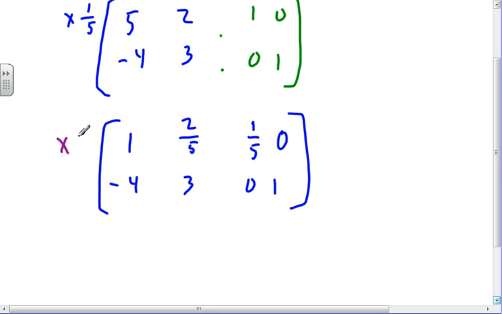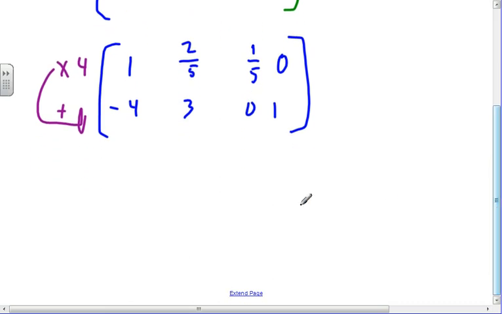Then I'm going to multiply the top row by 4 and add it to the bottom row. So I'm going to have a 1, 2 over 5, 1 over 5, 0. 4 times 1 is 4. I add it to minus 4, I get a 0. Why did I do that? Because I want a 0 there. 4 times 2/5 is 8/5.